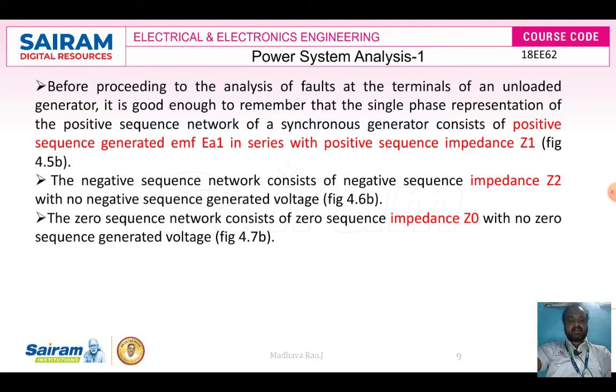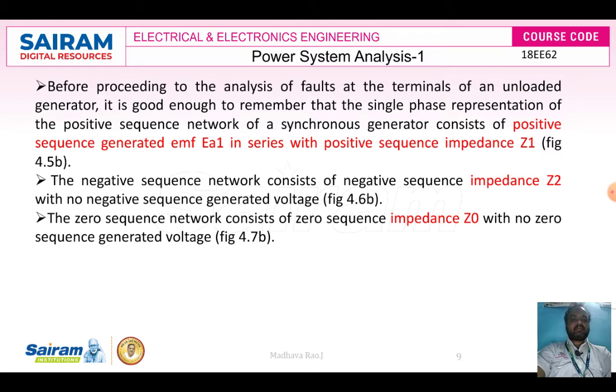Unsymmetrical faults are generally analyzed using sequence components: positive sequence, negative sequence and zero sequence components. We have the positive sequence generated voltage EA1 in series with the positive sequence impedance Z1.